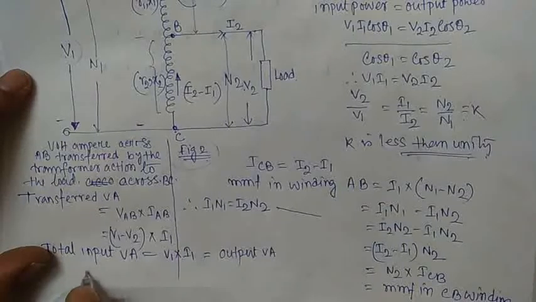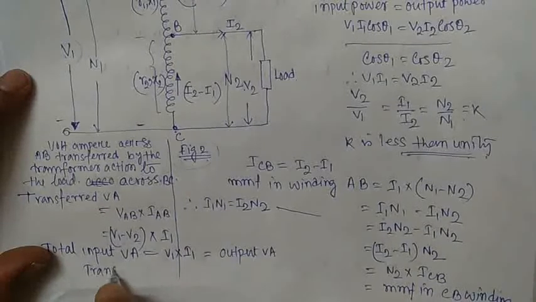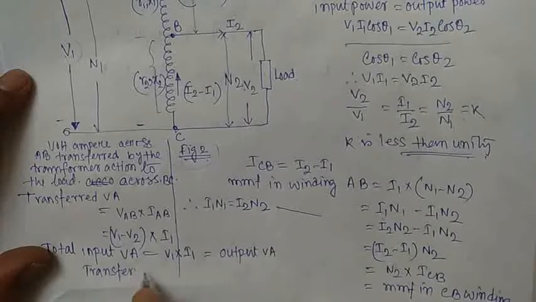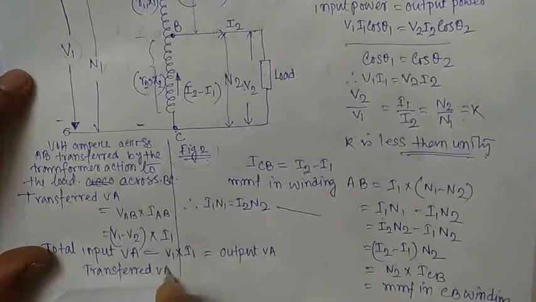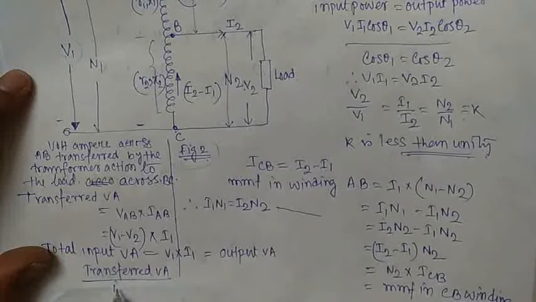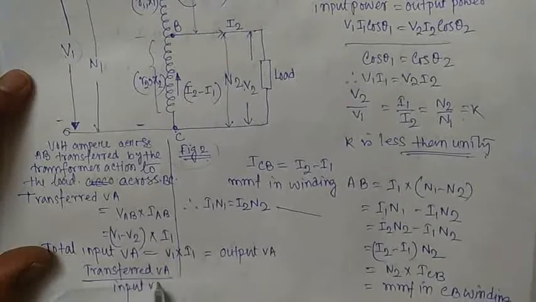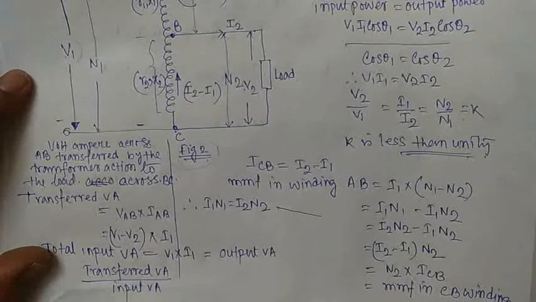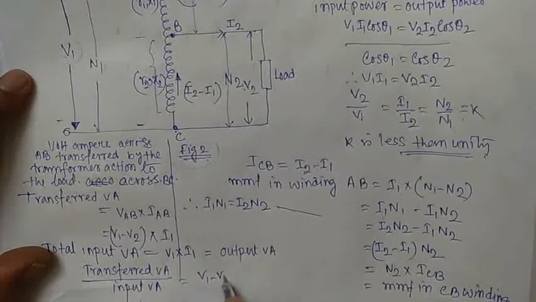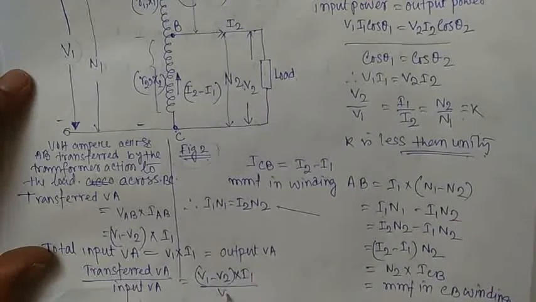So the ratio of transfer VA to input VA is nothing but V1 minus V2 into I1 divided by V1 I1.